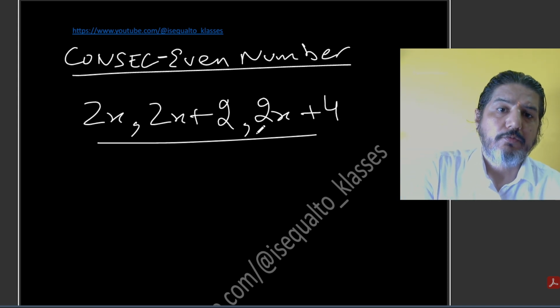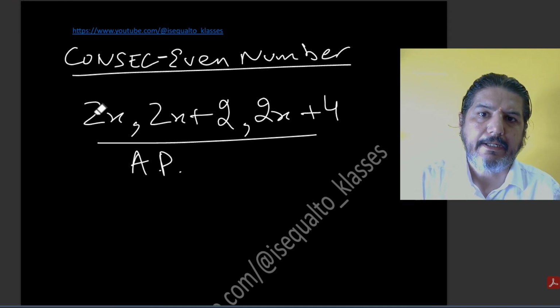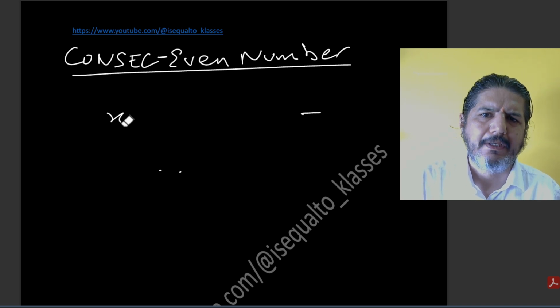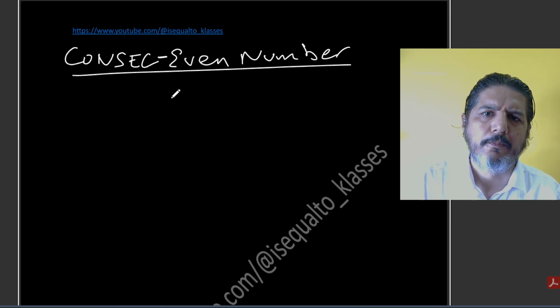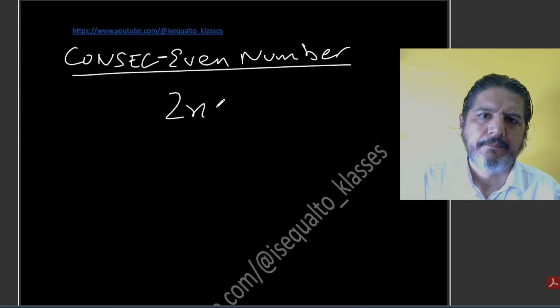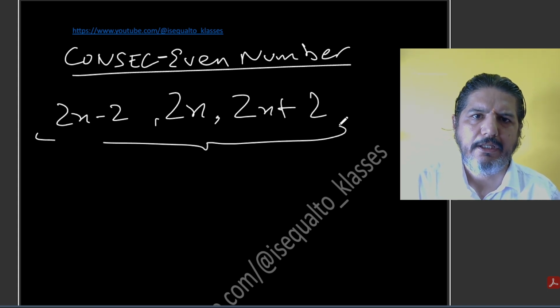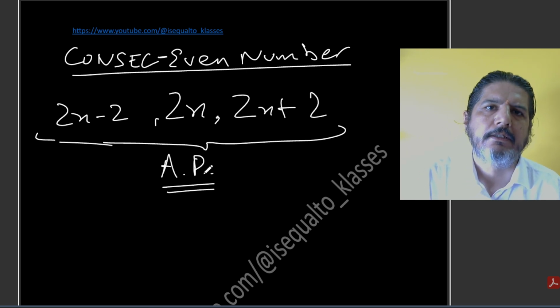This is very useful when you are trying to solve arithmetic progression questions also. At times in arithmetic progression, this is not required here, but still I'll explain it to you. For example, if they are asking for three consecutive even numbers, then you can have numbers like 2x, 2x plus 2, 2x minus 2. This is especially useful in arithmetic progression, the next chapter.